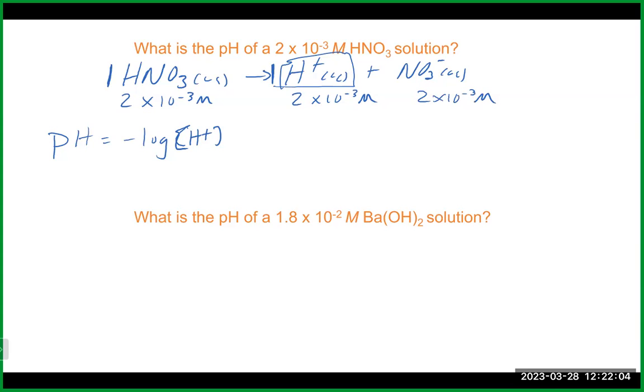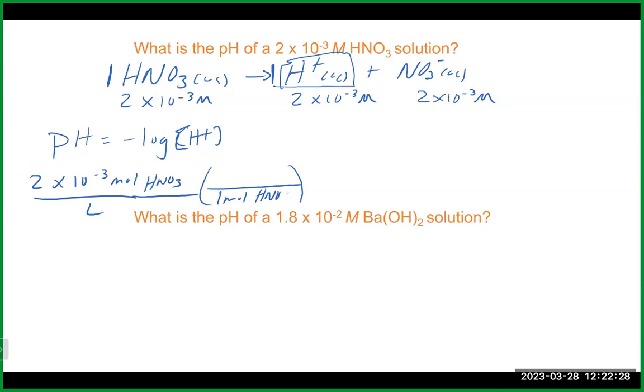If you remember from solutions and molarity, that is basically how concentration works. If you're not sure, here is the long version of that calculation: 2 times 10 to the minus 3 moles per liter of HNO3. Doing stoichiometry and a mole-to-mole relationship, 1 mole of HNO3 gives us 1 mole of H plus.